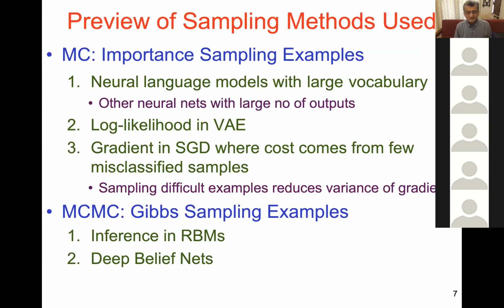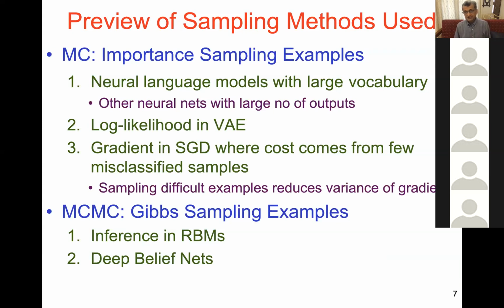So we have two classes of methods here. One is simply Monte Carlo methods, that is, based on samples from the distribution. And a method that we will look at is called importance sampling. It says take samples from a proposal distribution, and then we'll attach some importance to them.